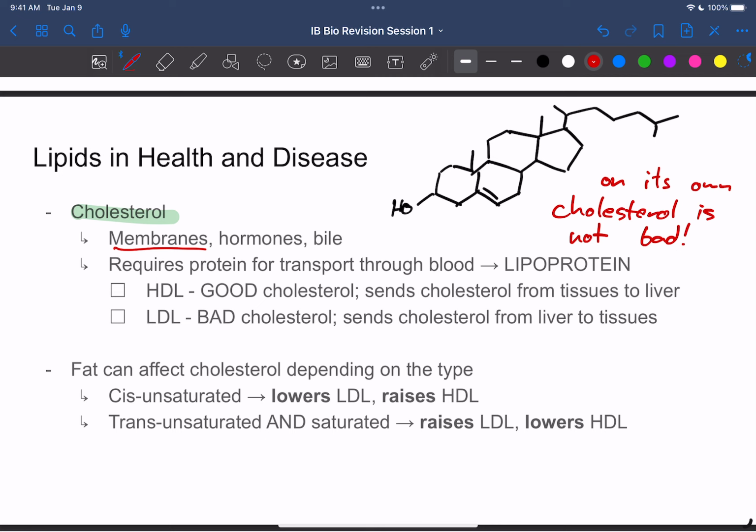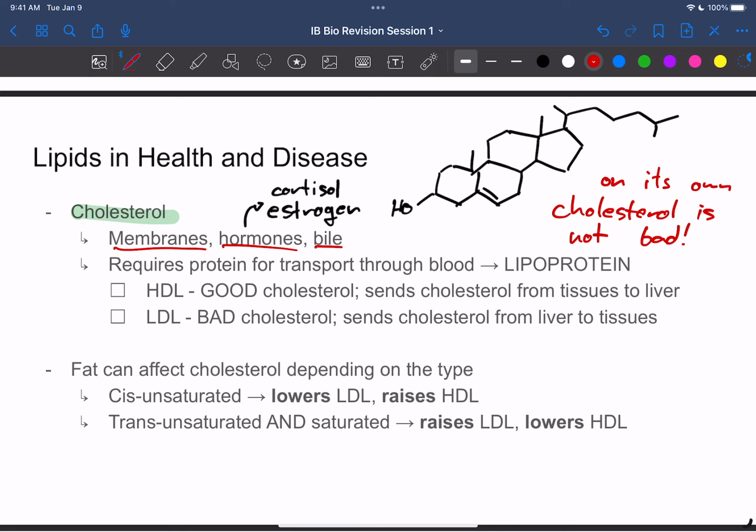It kind of sticks into membranes to help with fluidity. It helps make hormones. Hormones like cortisol or estrogen. These are super important. And you also have bile. Bile is what helps your fats be absorbed and digested. And this is all because of cholesterol. They form bile salts that help emulsify your fat.